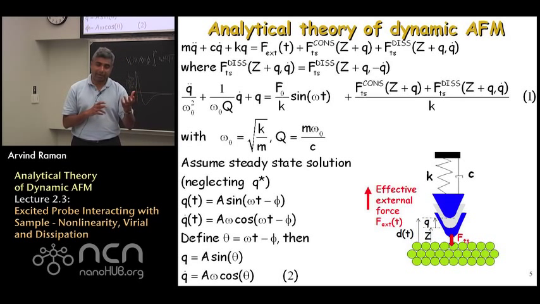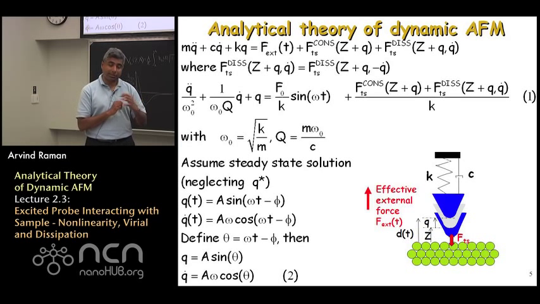Remember, the conservative interactions are those that depend only on the gap, D, and therefore the conservative interaction forces are associated with the tip-sample interaction potential energy as well. And the dissipative interaction forces change direction depending on whether you're approaching the sample or moving away from the sample. So the equation of motion we're going to deal with is equation 1.